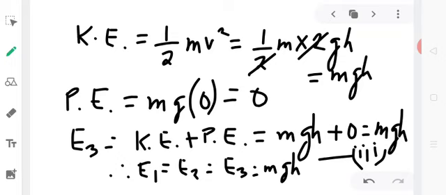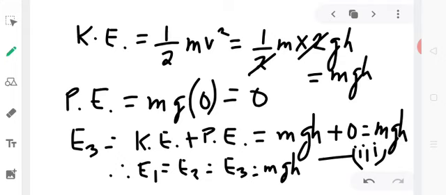The form of energy, however, keeps on changing. At A, energy is entirely potential energy, and at C, it is entirely kinetic. In between A and C, energy is partially potential and partially kinetic. Thus, in an isolated system where only conservative forces cause energy changes, the kinetic energy and potential energy can change, but the mechanical energy of the system, which is a sum of kinetic and potential, cannot change.